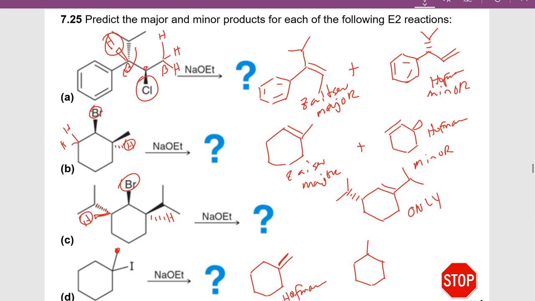Okay, so I'm going to erase that. Looks like I just rotated it a little bit. Okay, so we can eliminate here, and if we eliminated down here or at the top one, it wouldn't matter, we get the same thing. So this is the more substituted product, and that's going to be our major product for this example.